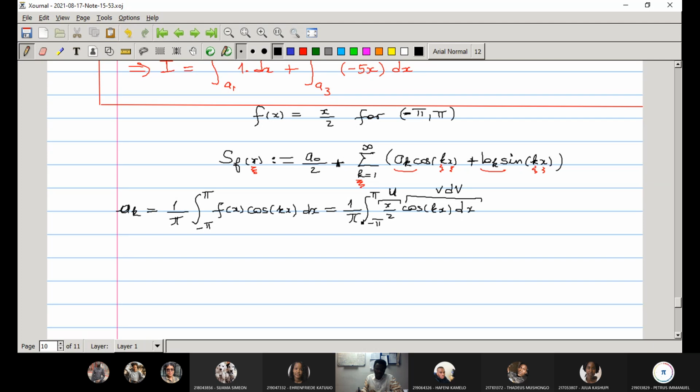I can take it inside, I can keep it outside. So in integration by parts, I keep this factor 1 by pi outside. Now I perform integration by parts on this integral. So this is the integral of u dv.